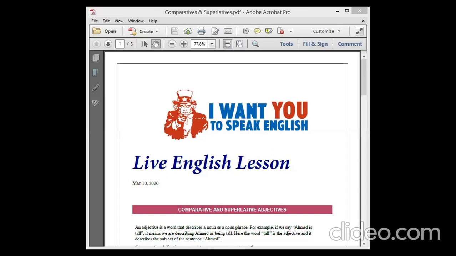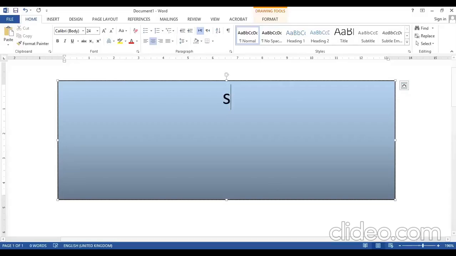So when comparing more than two things or people, we usually use words and phrases like what? Like, for example, smallest, biggest, right?